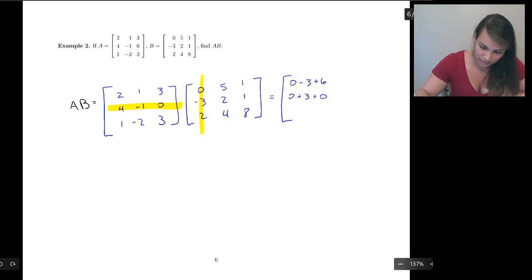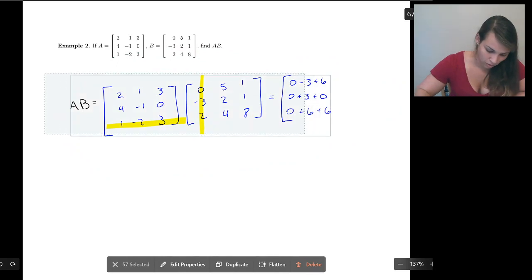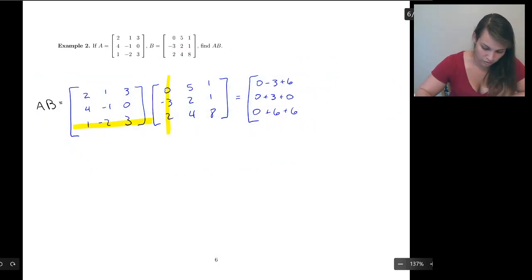I love zeros. They make things easy. Okay. And then the next one I want to go after is this entry, row 3, but still column 1. So we need that row. Here we go, we've got 0 plus 6 plus 6. Okay, and that's all of column 1 for our result matrix.